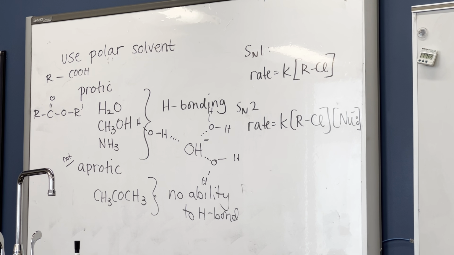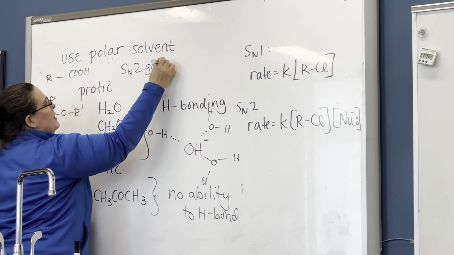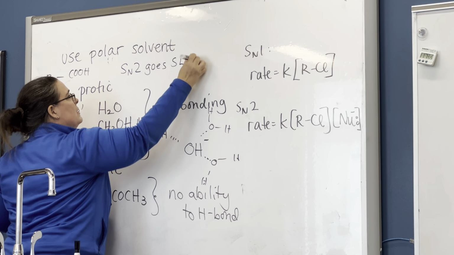So what's going to happen to that nucleophile is that it is going to be completely encapsulated in solvent. So how effective is it going to be at running into the chloroalkane? Not. So what we find is that in the presence of a protic solvent, like water, methanol, or ammonia, SN2 goes slow.